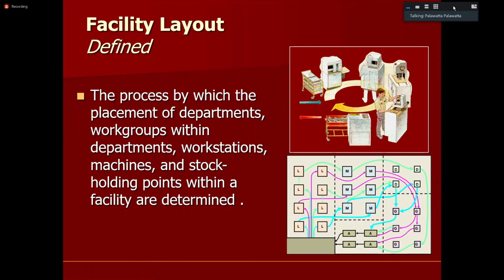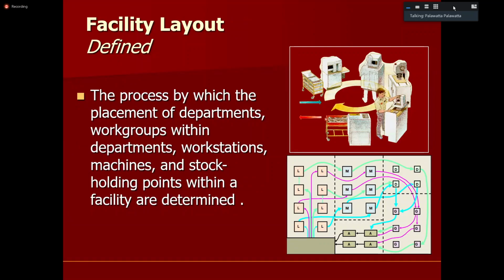So for this particular M, it gets L to process, so it is one operation, and this particular L coming to this M is also one operation. Here it is two operations, as it has to process two inputs coming in. So that way we can state the processing requirements in terms of the number of units coming in.